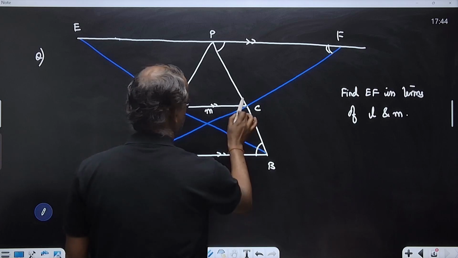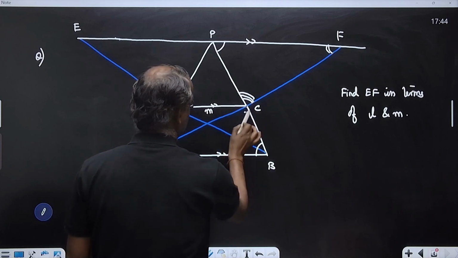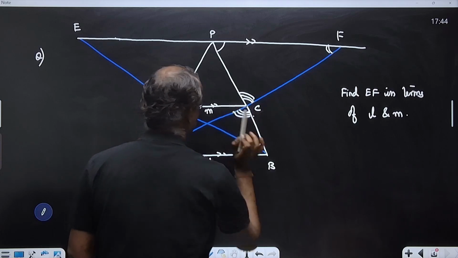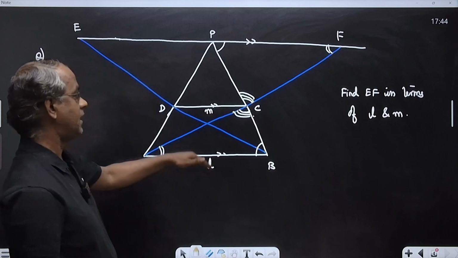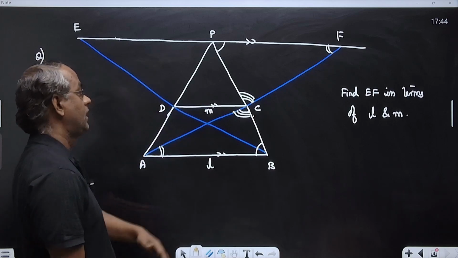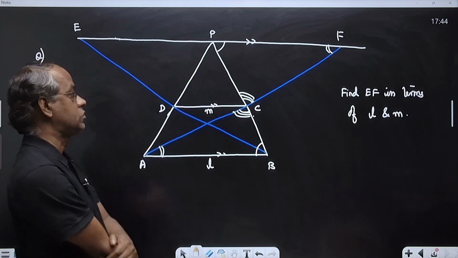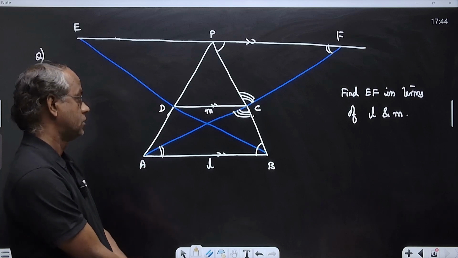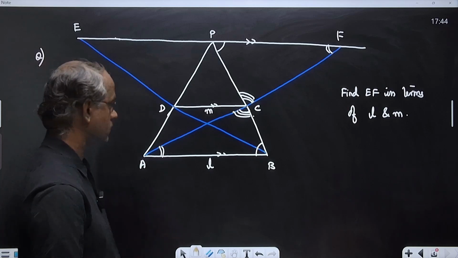And of course, if this L and M are known, we can find the proportionality part here also, isn't it?